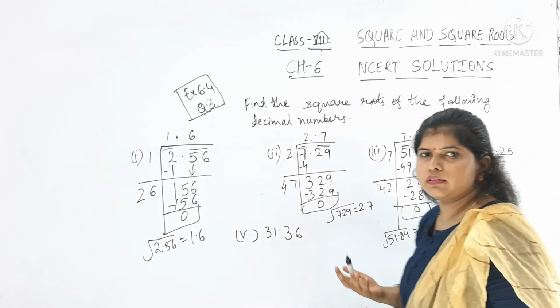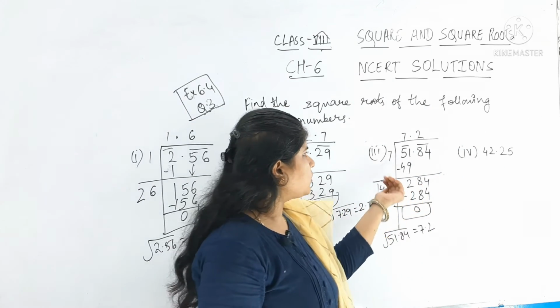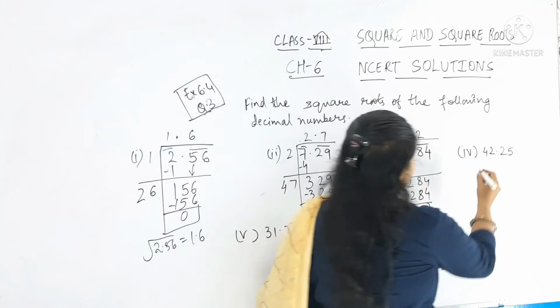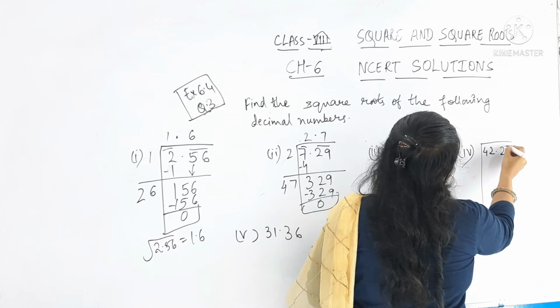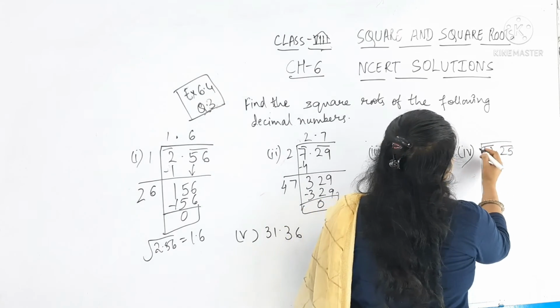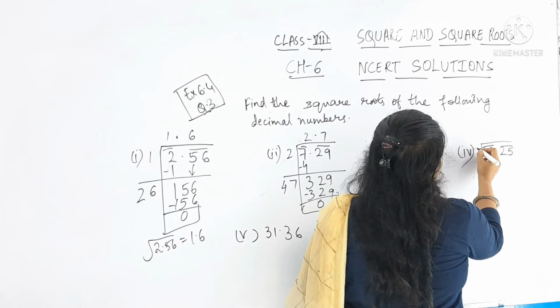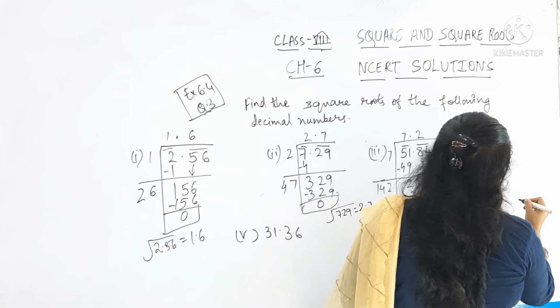Otherwise it is the same long division method: you write the pairs, pairing from the right-hand side. Then 6 6s are 36, 37, 38, 39, 40, 41, 42.